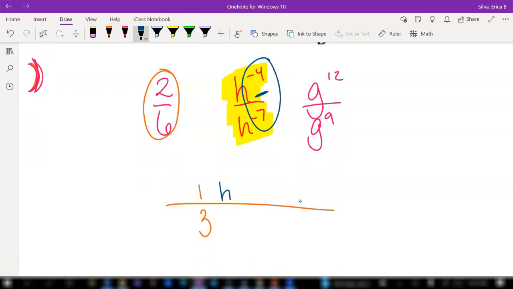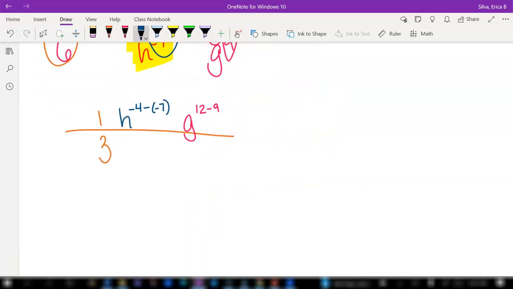So we basically have negative 4 minus negative 2. Then we're going to do the same thing to the g, and here we have g, 12 minus 9. So let's go ahead and simplify that. Whenever there's two negatives, we add them.